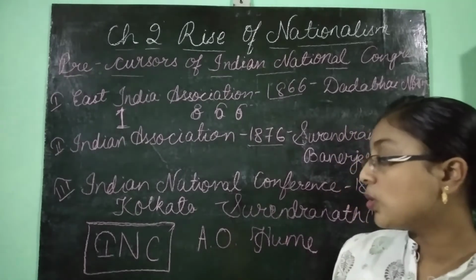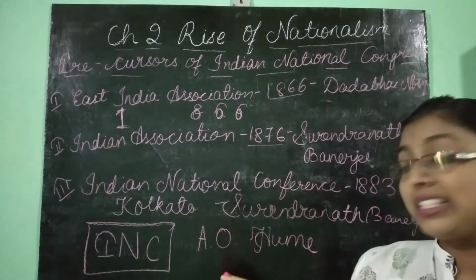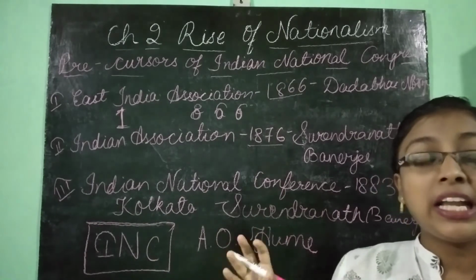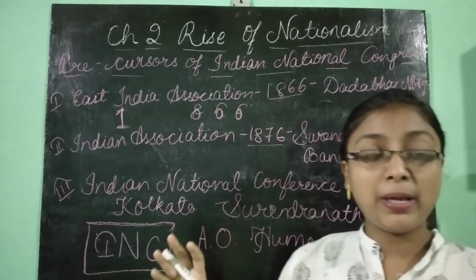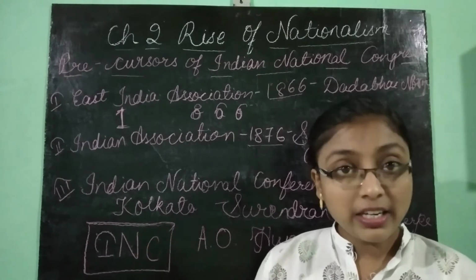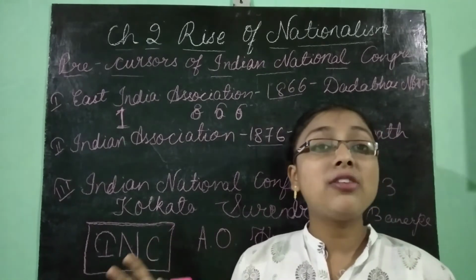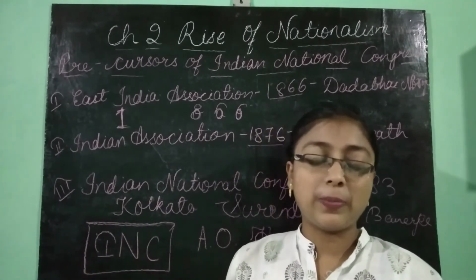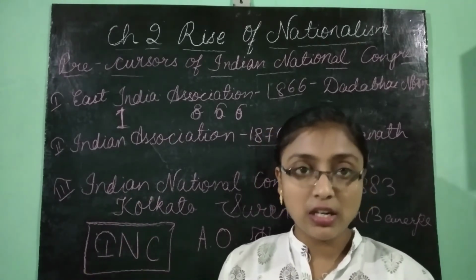Okay, so now this letter that A.O. Hume wrote had an immense impact. The leaders came together and formed the All India Congress, and from it the Indian National Congress.